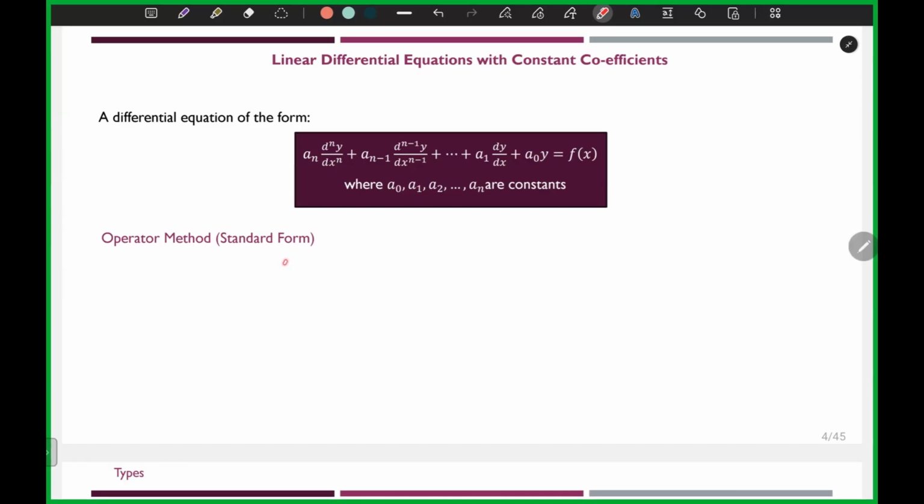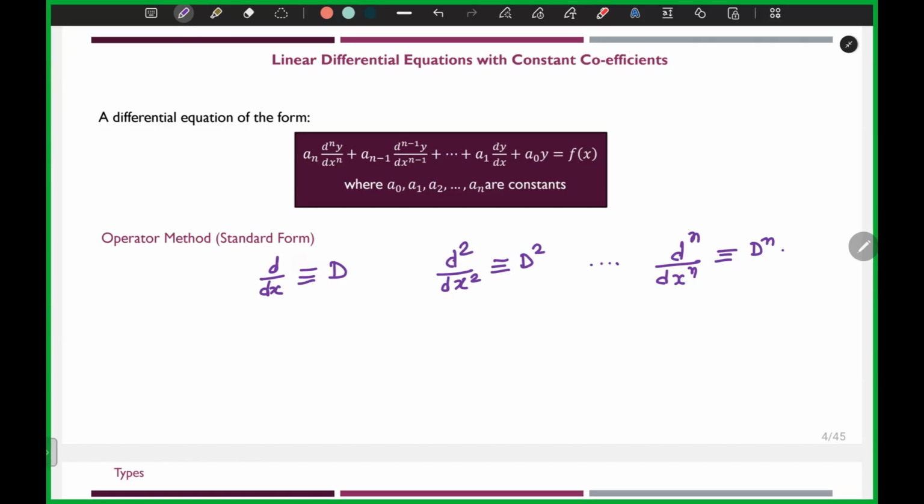So what we do is we put d by dx as capital D. Then d square by dx square is D square, and so we write d^n over dx^n as D to the power n.